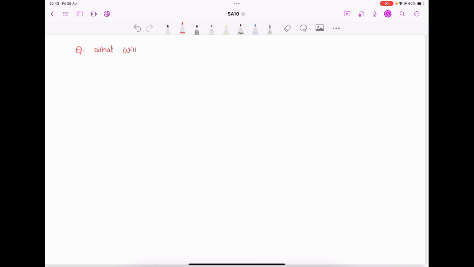What will be the variation of strength of a beam on the basis of the section modulus?